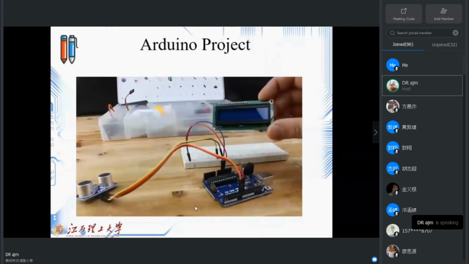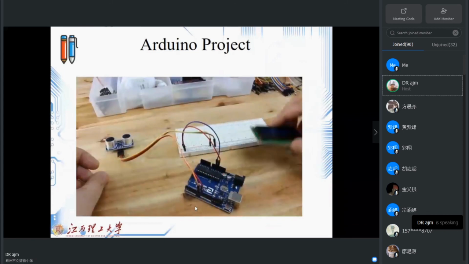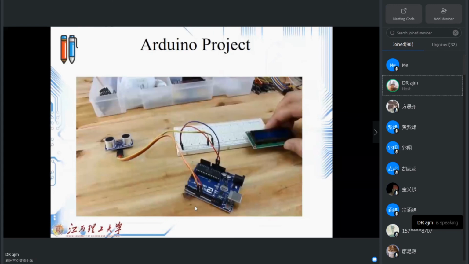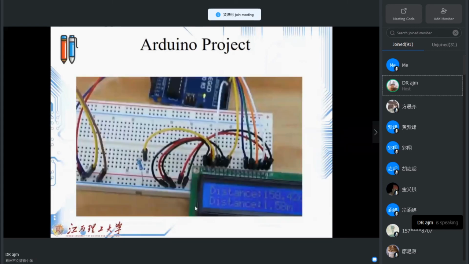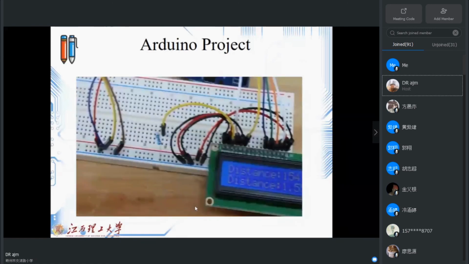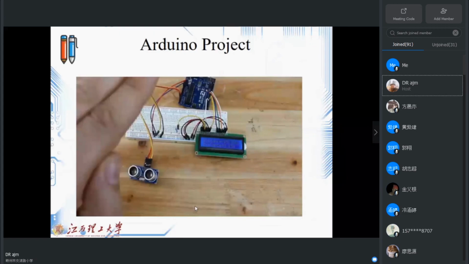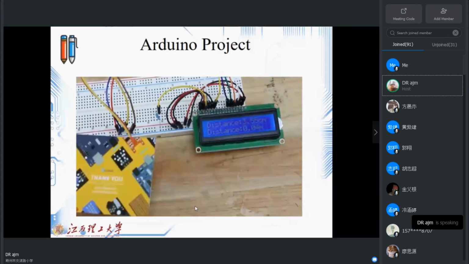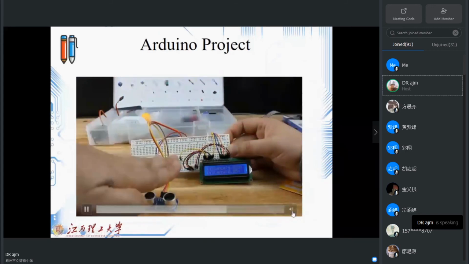Okay, this LCD we will soon learn how to work with, and here I'm going to connect it to the distance. As you see, they can measure the distance between the sensor and the object.